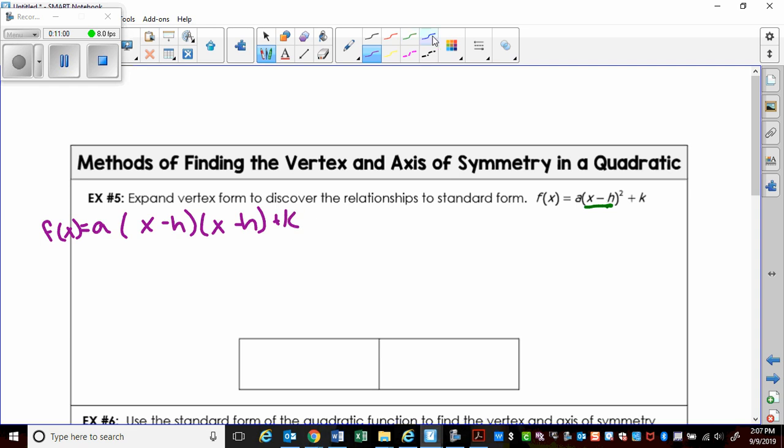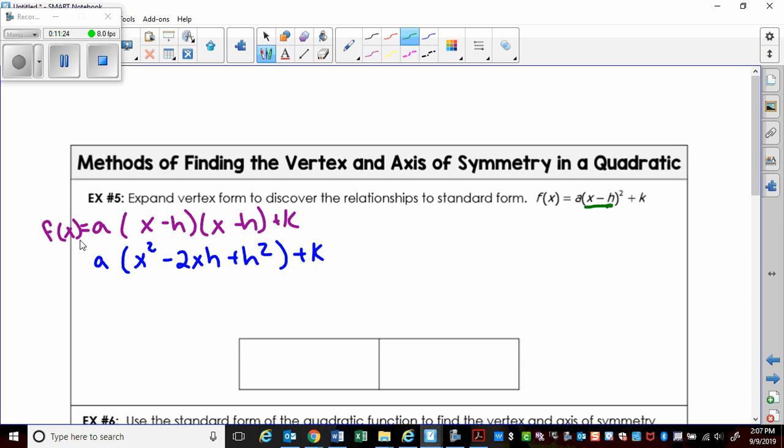Not changing that. Now when I FOIL this, I'm going to get a, and then this is x squared, right? X times x. O is negative xh, but this is also negative xh. So this is minus 2xh, and then negative h times negative h is actually plus h squared plus k.